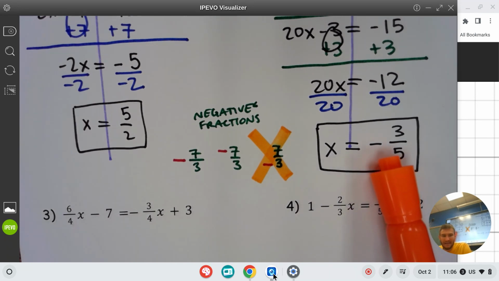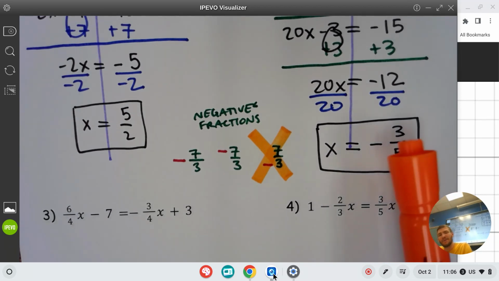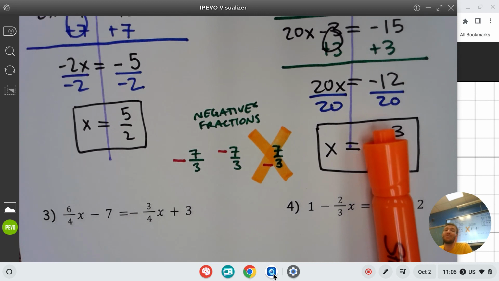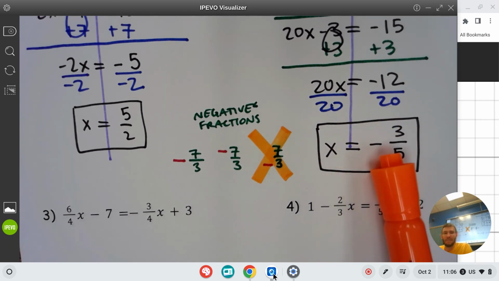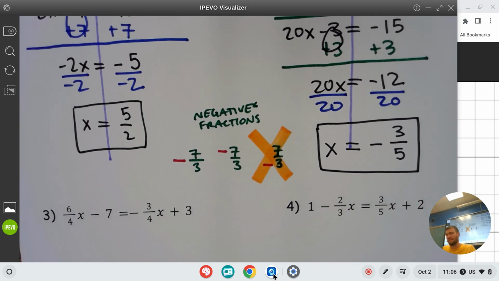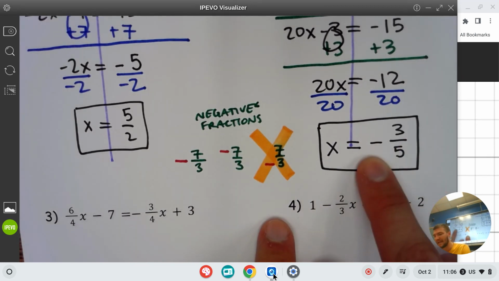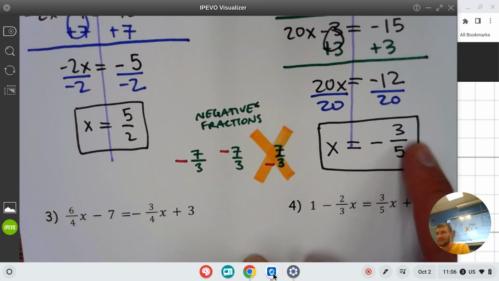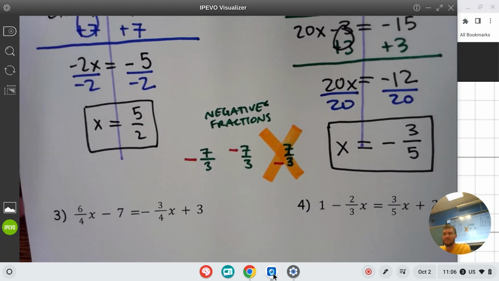If you want to write it with the negative all the way out front, that is good. If you want to put that negative up with the 3, that's okay. If you want to put the negative on the bottom, too bad, that's gross, we don't like that. Negative on top, negative out front, they mean the same thing. Negative on bottom, disgusting. We don't like negatives on bottoms.